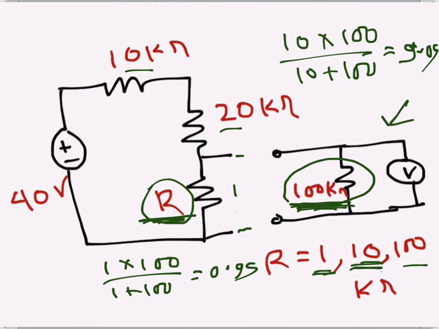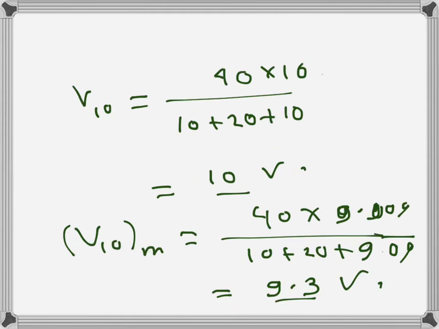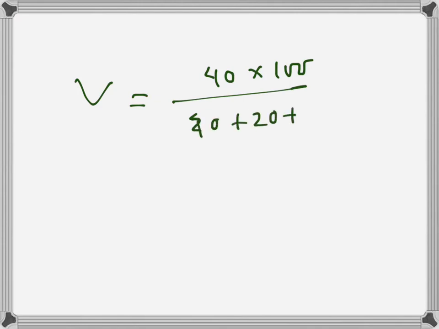Now let's do it if R is 100 kilo ohms, that is equal to the voltmeter resistance. If that happens, the calculated voltage will be 40 times 100 divided by 10 plus 20 plus 100.